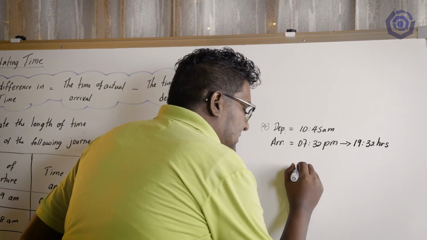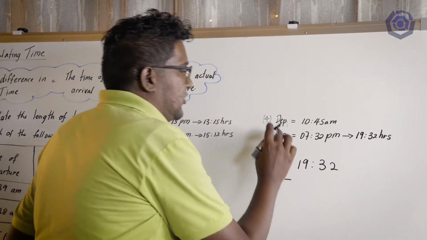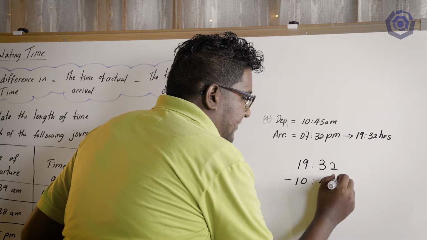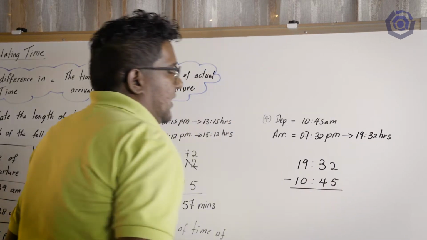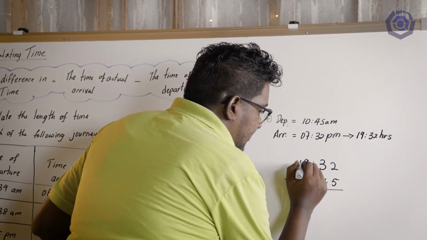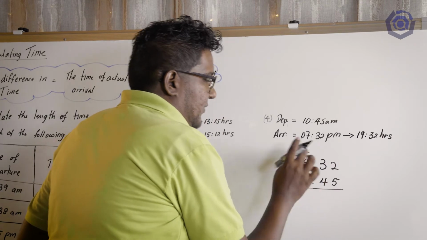So our arrival is 19:32 subtract our departure, which is 10:45. Again, we cannot take 45 from 32. So we take 1 hour from here, this becomes 18.